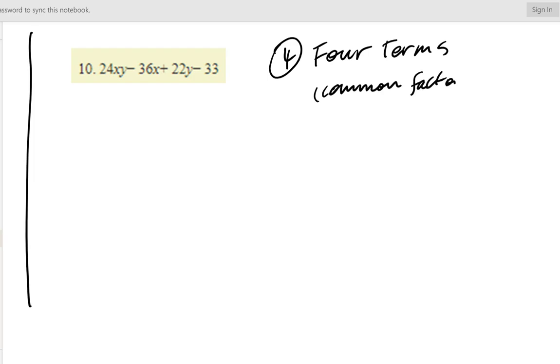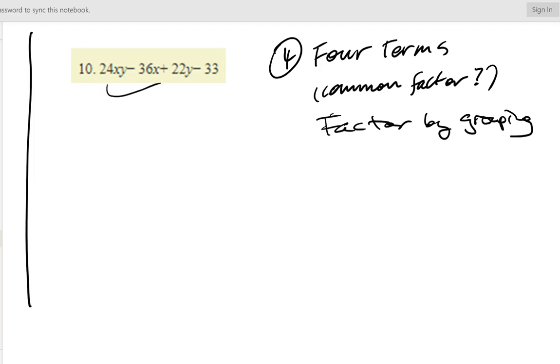If there is, you factor it out. But if there's not, then you're probably going to be factoring by grouping. Factor by grouping. So when you do that, for this problem here, it looks like out of the first two I can pull out an x and a 12. So 12x, and you're left with 2y minus 3. And on the second ones, you can pull out nothing.